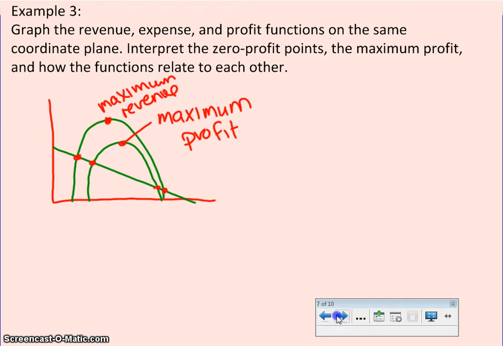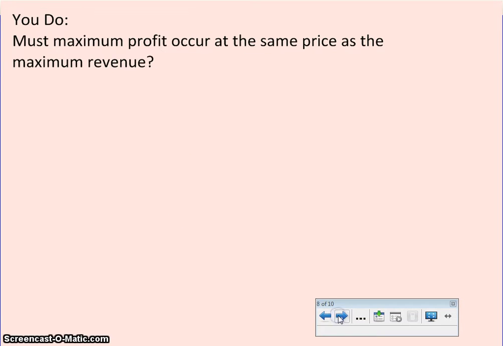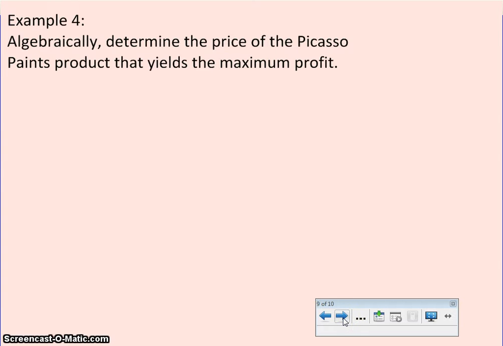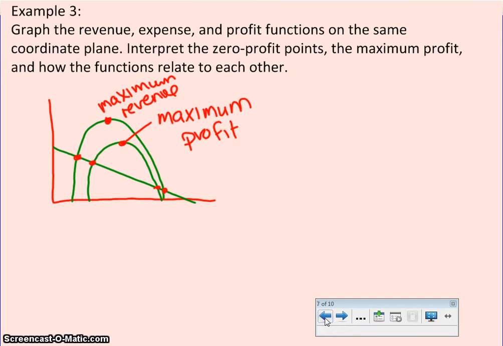And so let's go ahead and move on to the actual you do. We're going to do it together. It says, must the maximum profit occur at the same time as the maximum revenue? So I want us to go back to the example that we drew here. And it's saying, does the maximum profit, which is here, have to be at the same time as the maximum revenue?